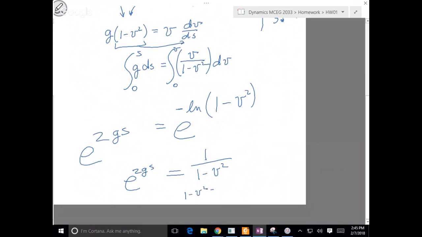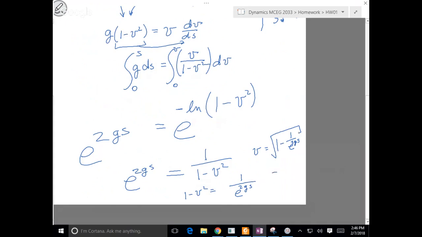1 minus V squared is equal to 1 over E to the 2GS, or V is equal to 1 minus 1 over E to 2GS, and then the square root. And so as S grows bigger and bigger, E goes bigger and bigger too.